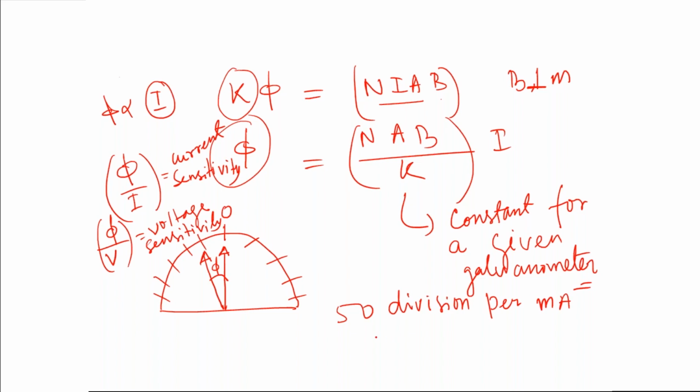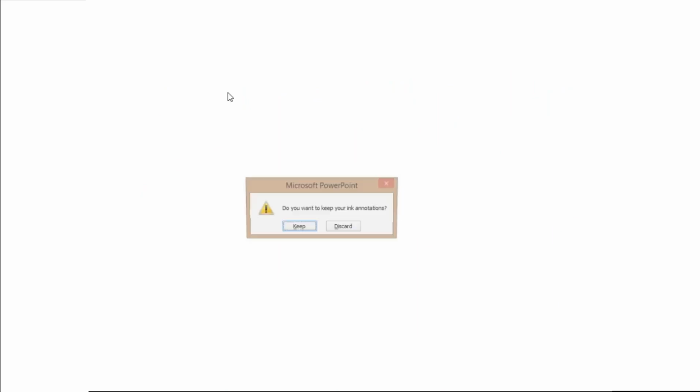This is also current sensitivity, or if it is per millivolt or volt, then it is voltage sensitivity. So instead of angular deflection, sometimes divisions you can get, divisions per unit current or per unit voltage. So this is about this galvanometer. Now let us take up a few numerical problems. So look, I will show you in my PDF file over here.